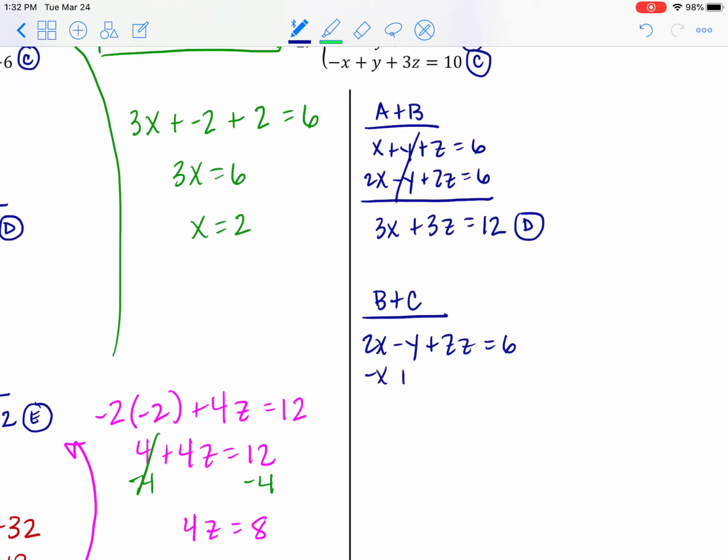And C is not changing: negative x plus y plus 3z equals 6. Just kidding, it doesn't equal 6, it equals 10. And if I put these together again, the y goes away, which is exactly what I wanted. So now 2 minus 1 leaves me an x.